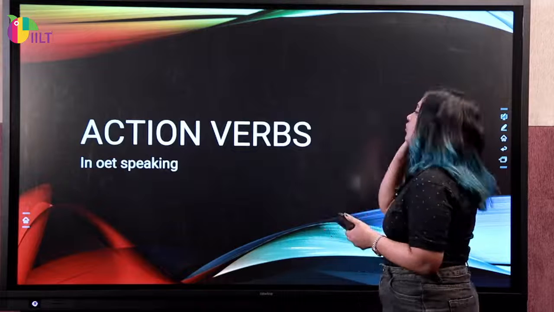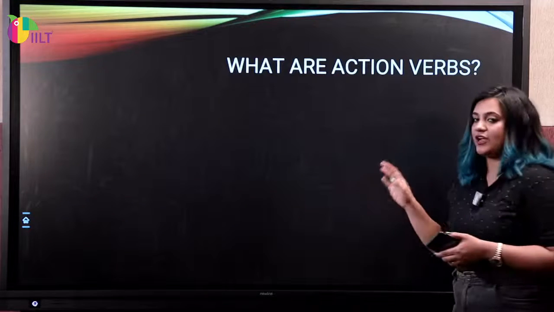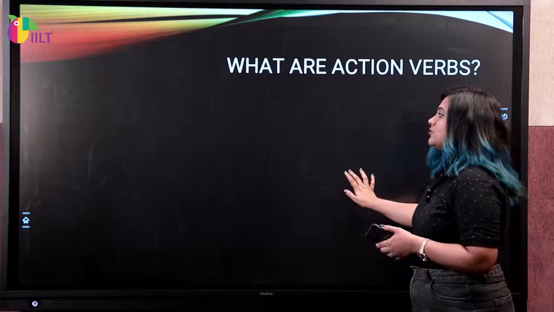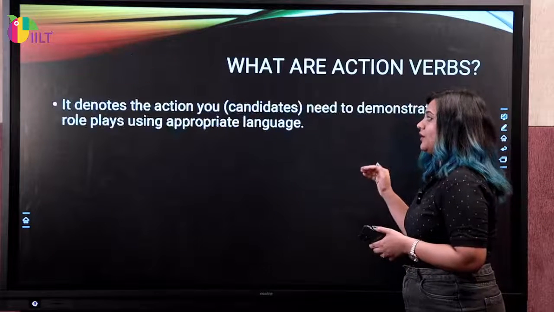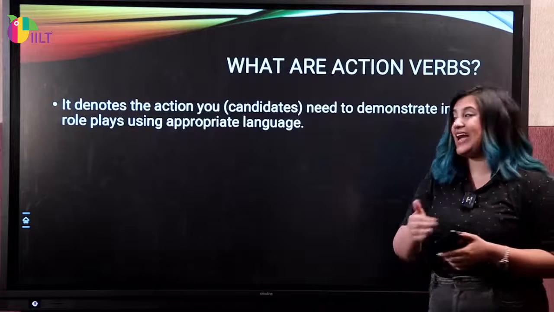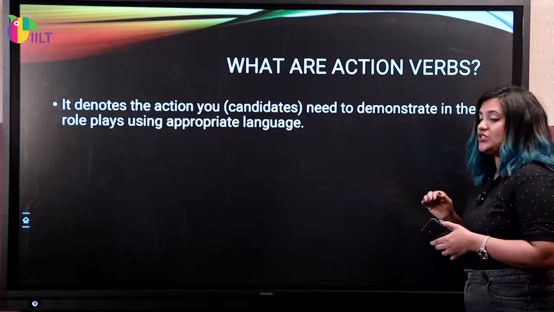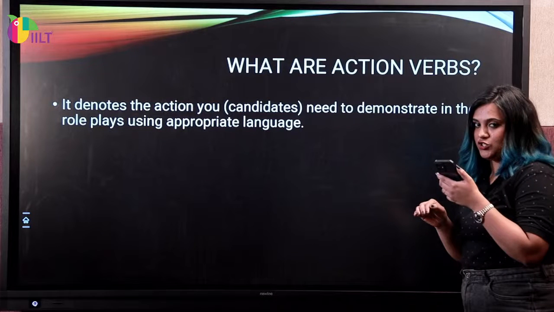So let's move on. First, let's see what action verbs are. Action verbs denote the action you as the candidate need to demonstrate in the role plays using appropriate language.